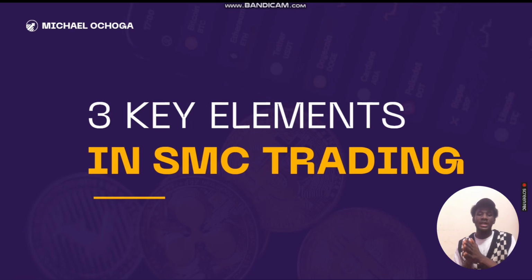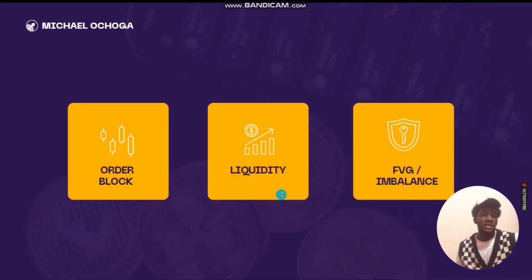The whole idea of SMC is finding those patterns and their footprints in the market and following them so we can make money alongside them. Basically, there are three key elements when trading smart money concept. You need to be very conscious of these three elements as they make up the whole concept of SMC trading. So let's go into the next slide.